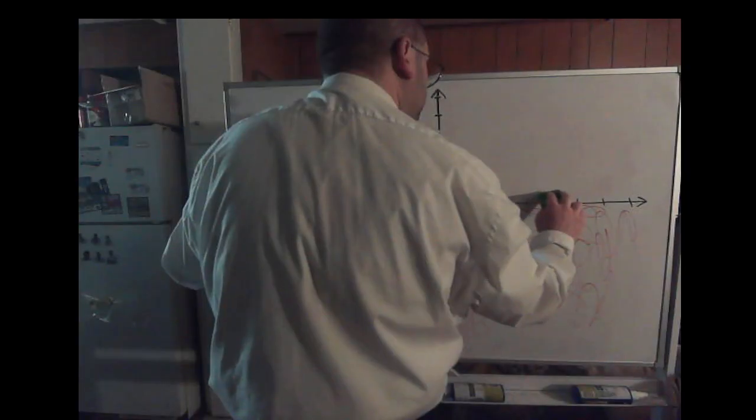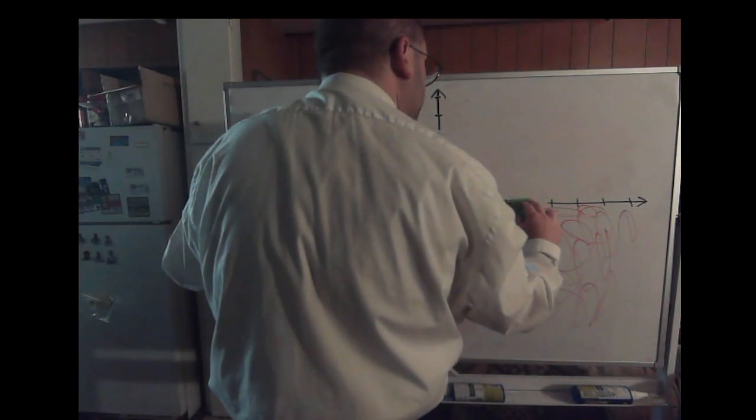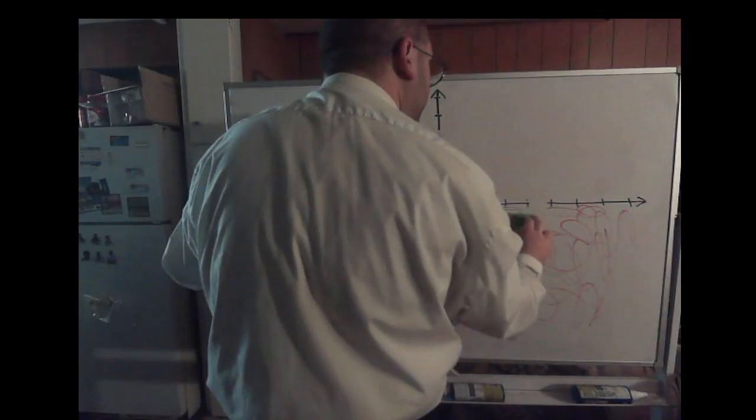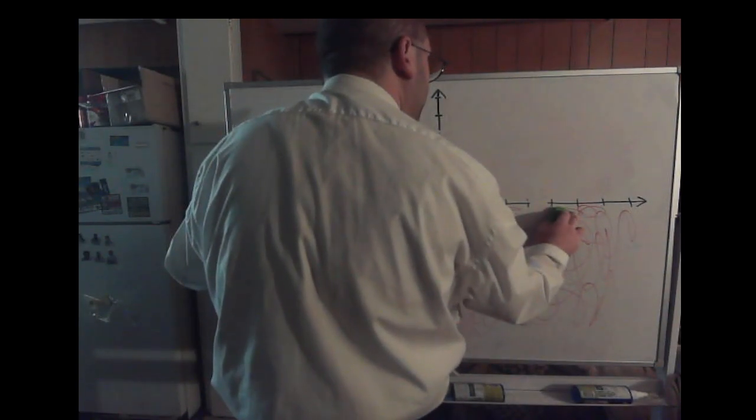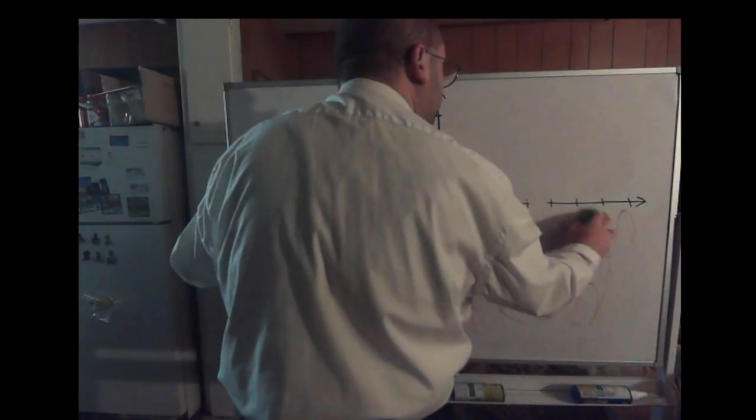Why a lot of people prefer not to graph inequalities, because you see it can get very ugly very fast. But I gotta show you how to do it, because it will come up in an algebra course.